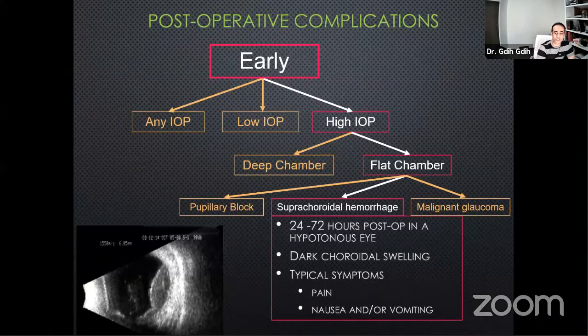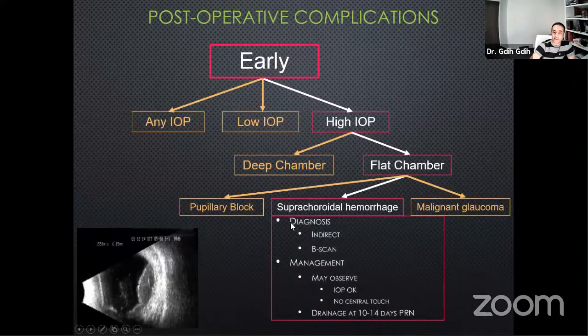But the choroidal hemorrhage is usually dark because it has blood, and the blood is stagnant. Typical symptoms for suprachoroidal hemorrhage are pain and nausea or vomiting. It's severe, patients sometimes scream from pain. Versus effusion, which is not very painful, sometimes asymptomatic, but they can have mild pain.